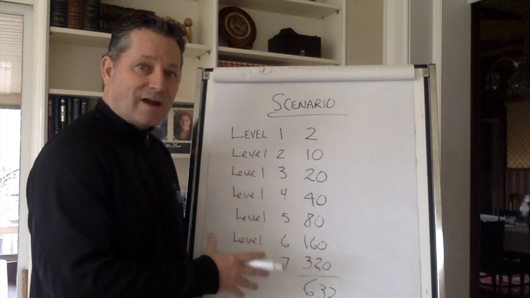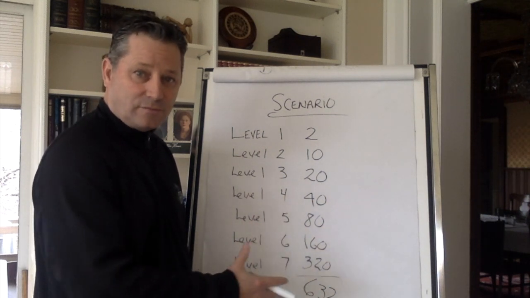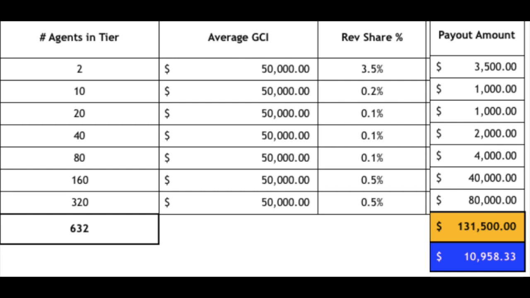Let's take a look at how some of those numbers can turn out. As you can see here, I've plotted these numbers into an Excel spreadsheet. It shows the total team of 632, and what I've done is move the average income from 80,000, which is our cap, down to 50,000 to be a more realistic number, to take into consideration agents who might go into retirement mode or new agents coming on board.